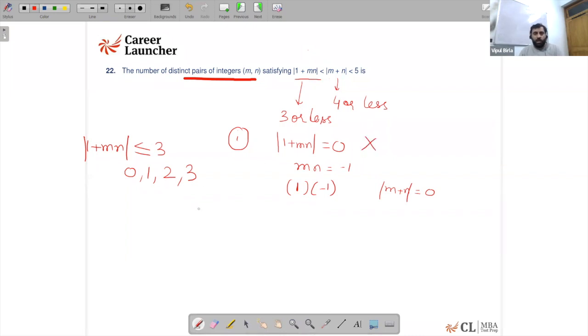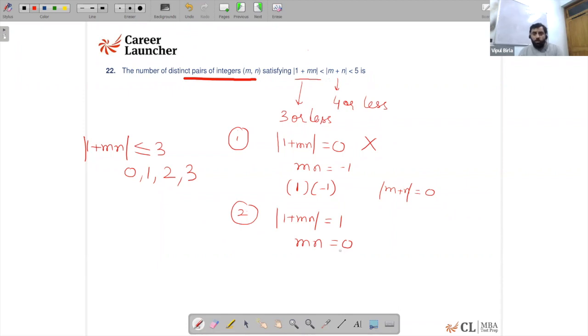Let's take the second case. If the value of mod of 1 plus mn is equal to 1, this is only possible when m into n is equal to 0. Now, m into n equal to 0, there are a lot of values which will satisfy it. But yes, I know the product is equal to 0 when one of them is 0.